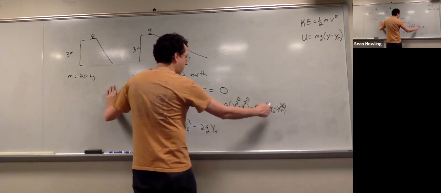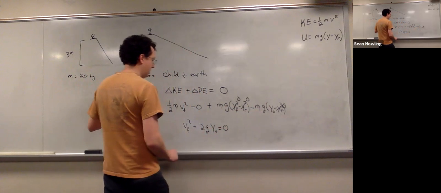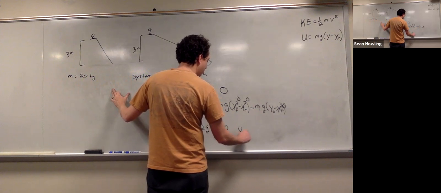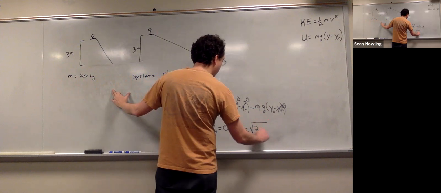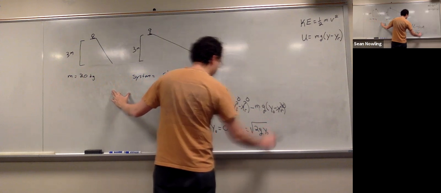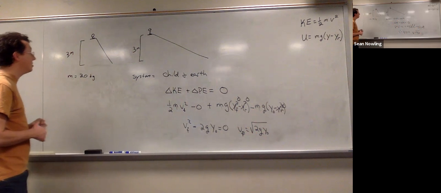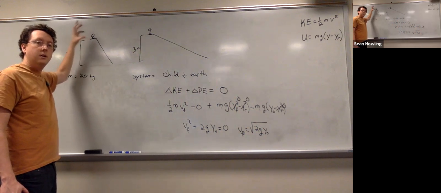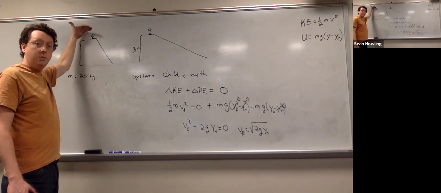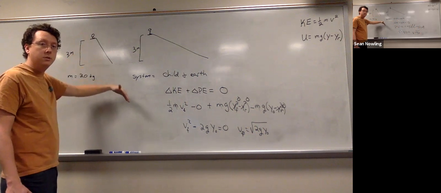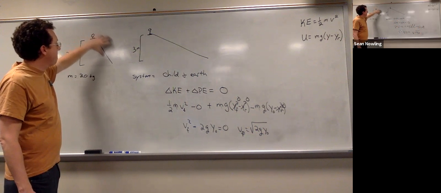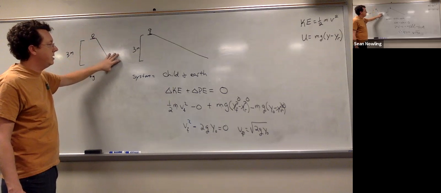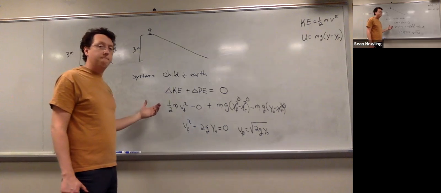Minus y initial equals 0. And then I turn that around and get v final equals the square root of 2g y initial. There you go. So what's happened is in this story, the child starts out with a lot of potential energy. There's a lot of stored energy in being up high. There's a lot of potential for motion. And as the child goes down the slide, the child loses potential energy, but gains kinetic energy.